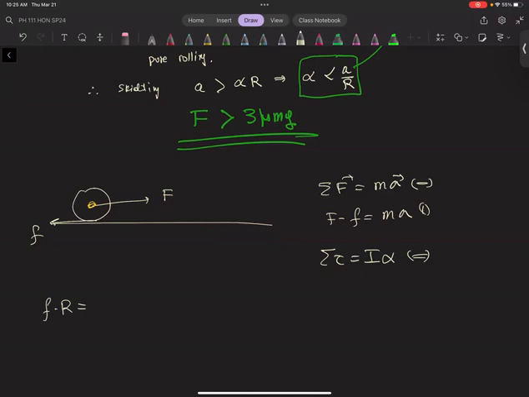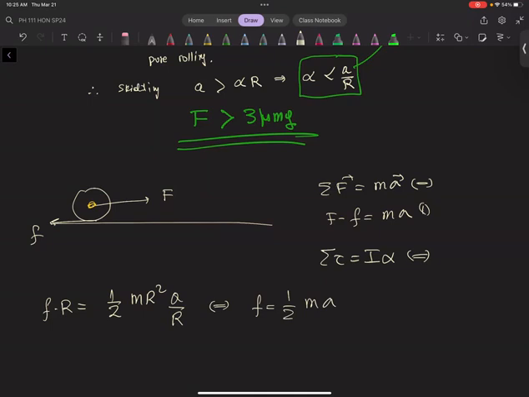The center of mass, because that is our point of reference. Yes. Which is what? 1/2 mass r squared times the angular acceleration. And I'm going to do the same thing. Since we see pure rolling, I'm going to substitute this with angular acceleration divided by r. Same old, same old. And solving for that, you're going to find that friction is 1/2 mass times acceleration.